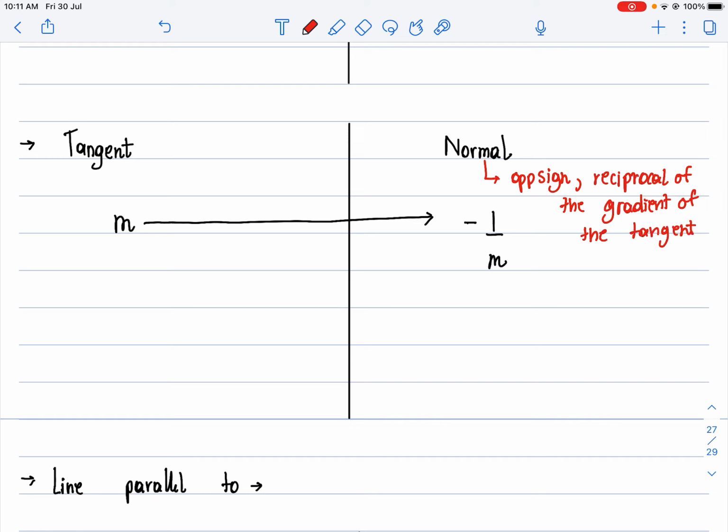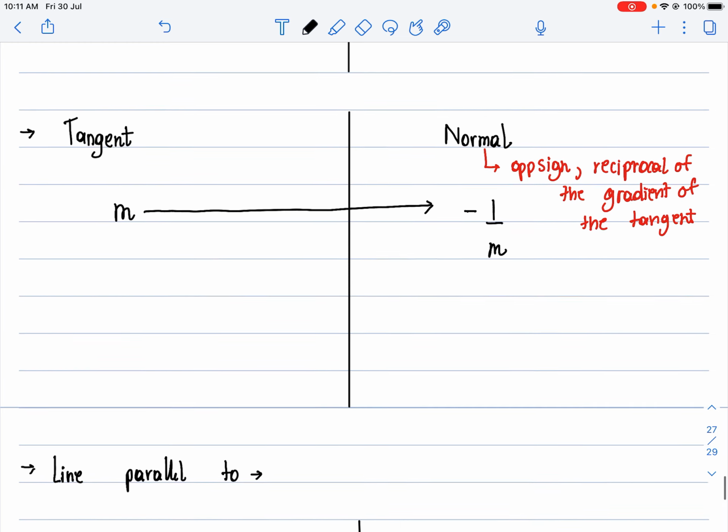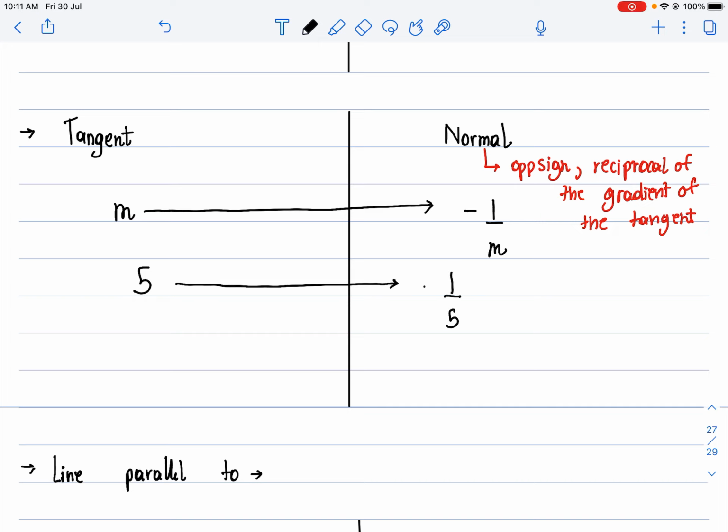So basically, let's say if the gradient of the tangent, the normal dy by dx, I get is 5, then the gradient of the normal will be the opposite sign and reciprocal. So first I'll write the reciprocal and the opposite sign, which is minus. Correct?